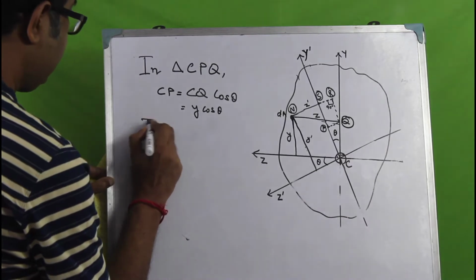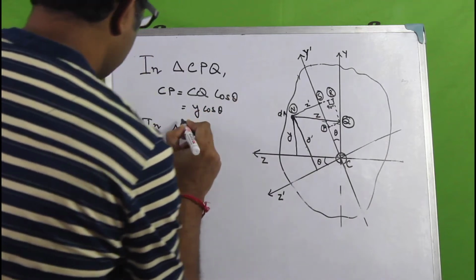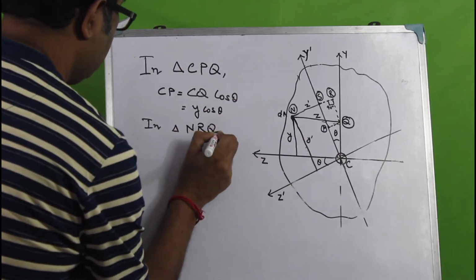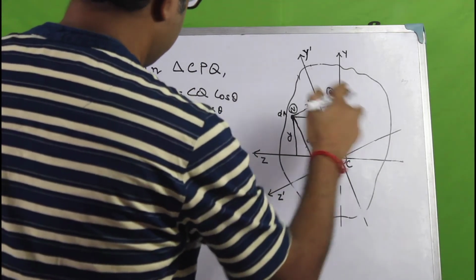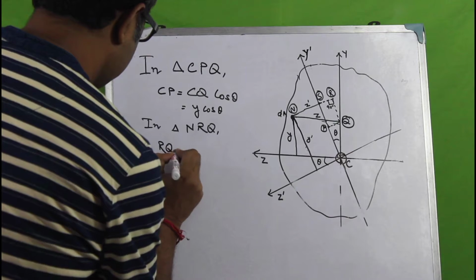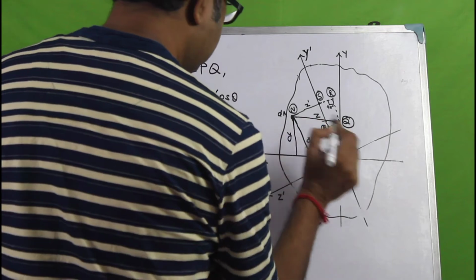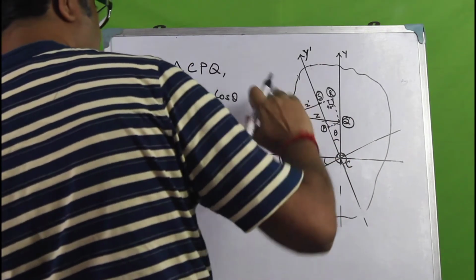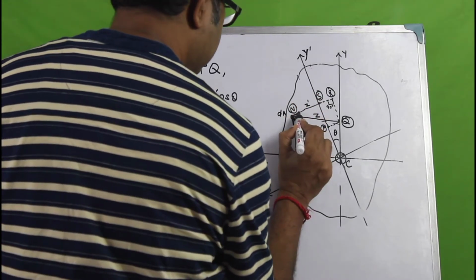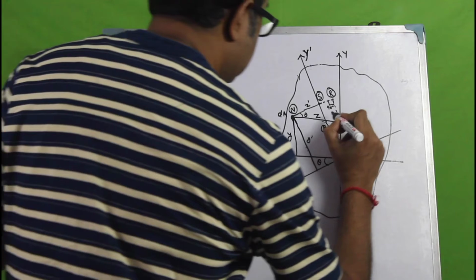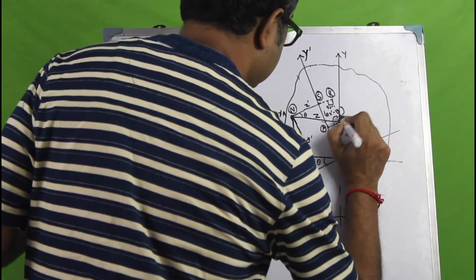So then we'll have in triangle NRQ, we have RQ, right? This value RQ would be equal to what? Now see, since this is inclined by an angle theta, the perpendicular distance to this line would be inclined by an angle theta from this line. So this angle in the right angle triangle would be 90 degree minus theta, right?